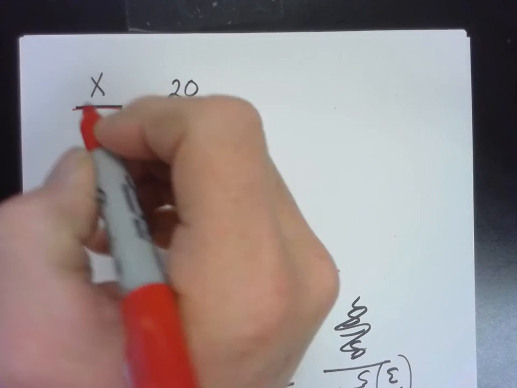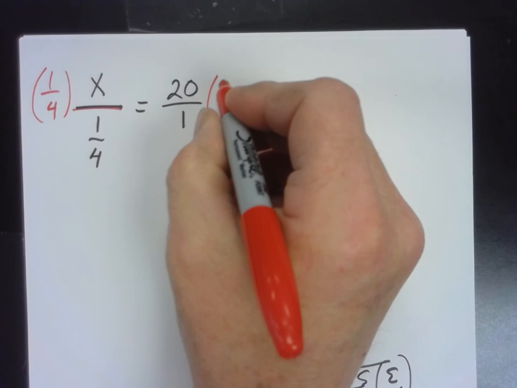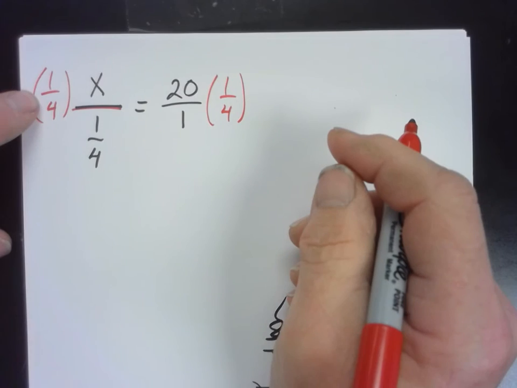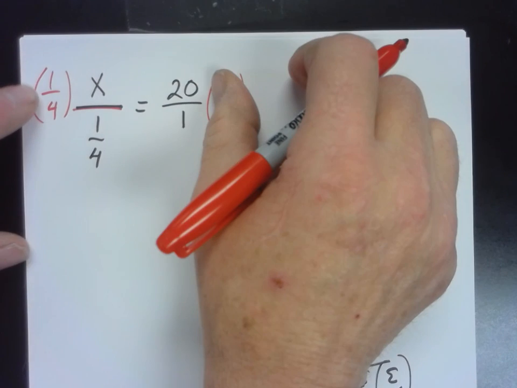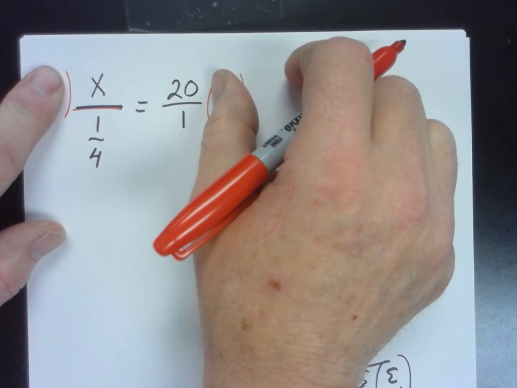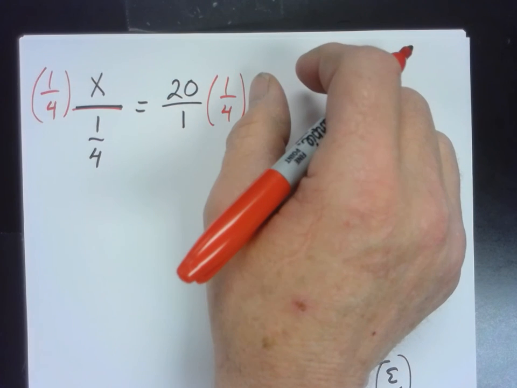I'm going to multiply both sides of this equation by 1/4. I'm not doing the reciprocal, because it says divide by 1/4, and I want to do the opposite of divide. What's the opposite of divide? It's times. If I want to divide, I times by the reciprocal. If I want to times, I just times.